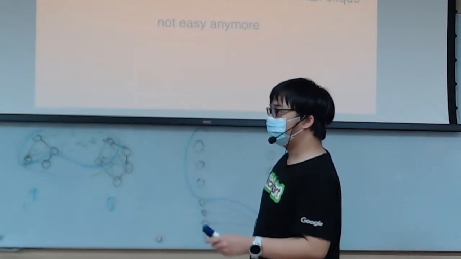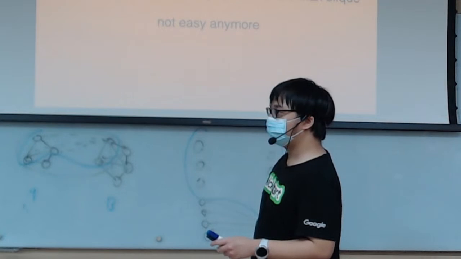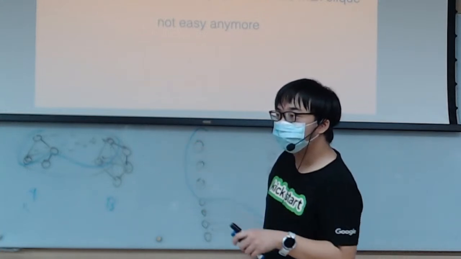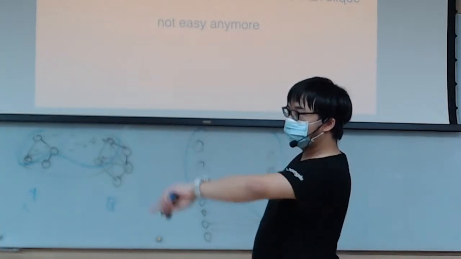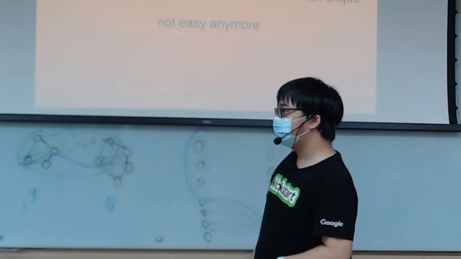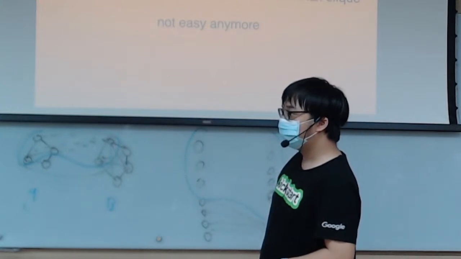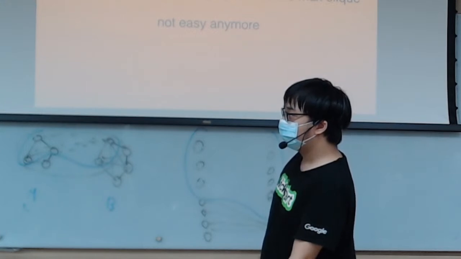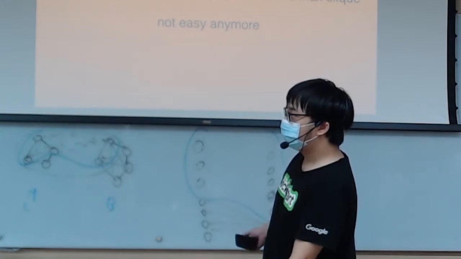It's either part of the max clique, or it's part of both cliques. I think I have the solution. Okay, let's talk about that solution first. If you take the node of highest degree, it's either part of the max clique or it's part of both cliques.